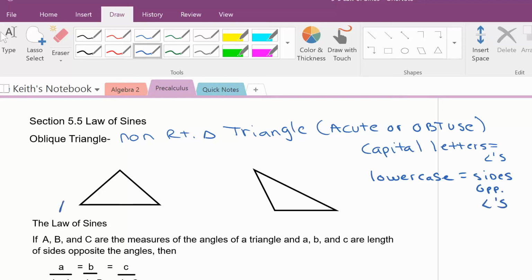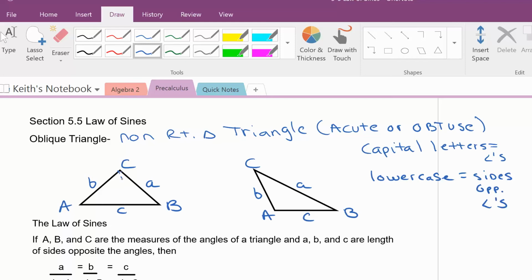So for example, capital A, capital B, capital C, and then side a would go opposite angle A, side b opposite angle B, side c opposite angle C. It doesn't matter where you put A, B, and C in this because there's no right angle. In this obtuse triangle, same thing. You just put the angles and then the sides.